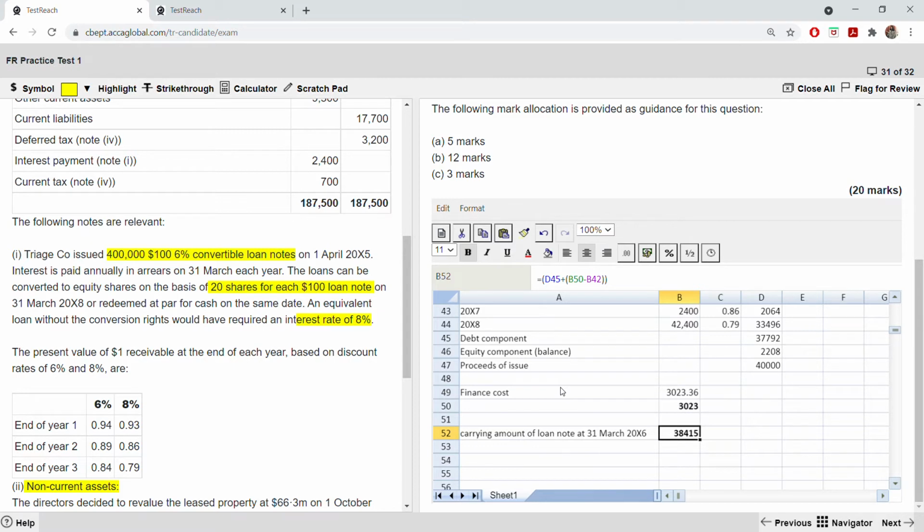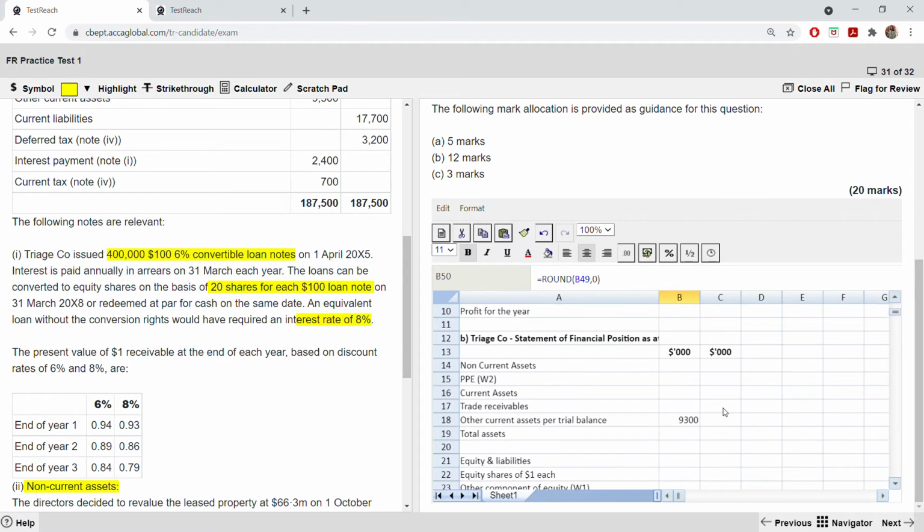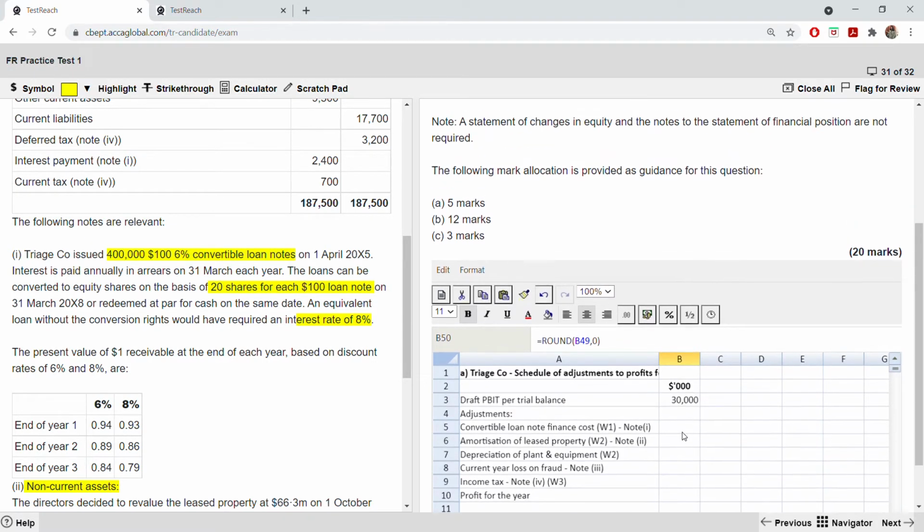Now you have an option, okay? When you're doing such working, either you can finish all the working in one go and then finally start putting in the table above, or as soon as you finish one working, you start copy pasting the number. So I'm going to copy paste this number in the correct places. So where will the finance cost go? This 3023, copy, it will go here, paste.